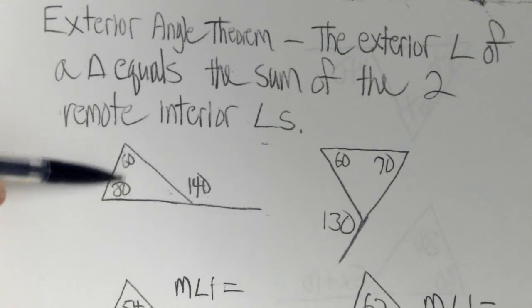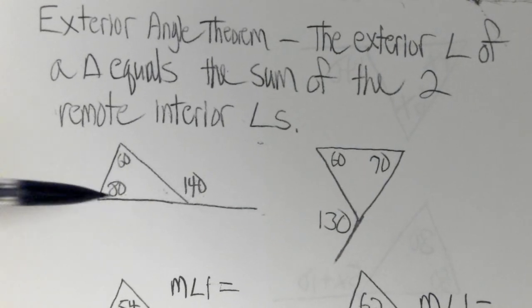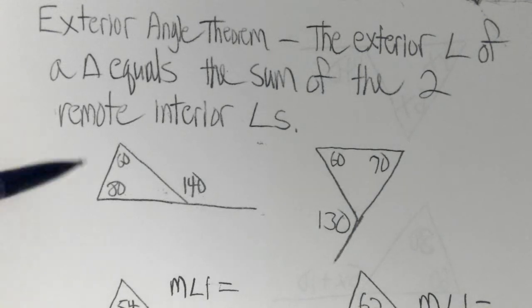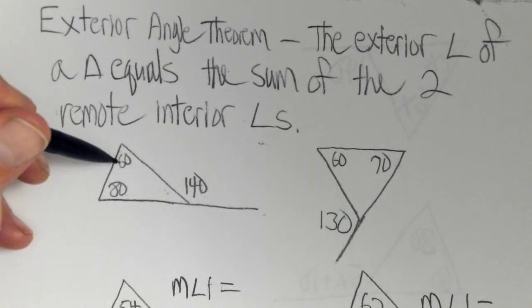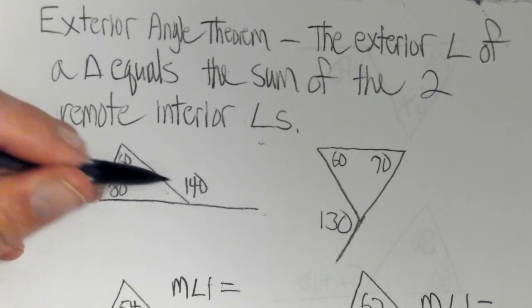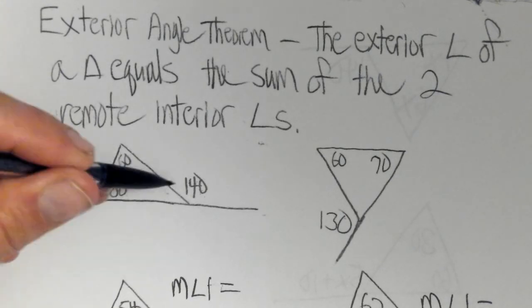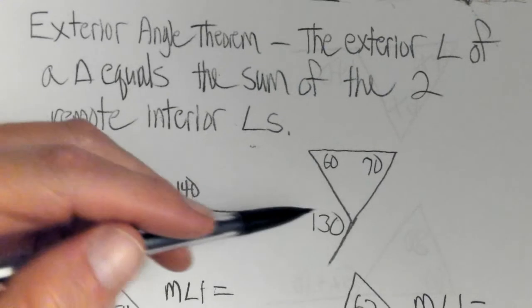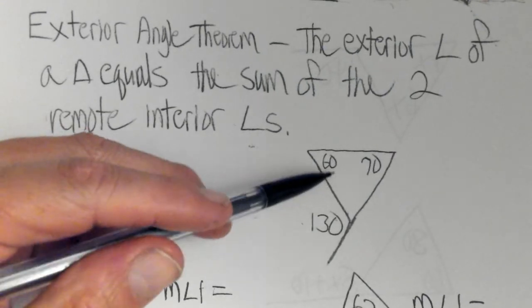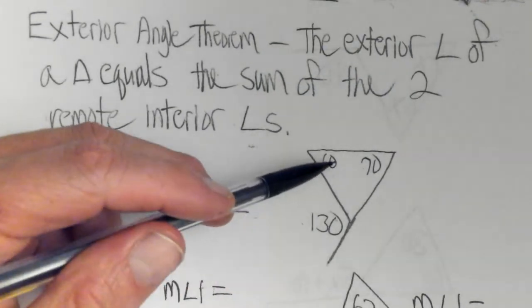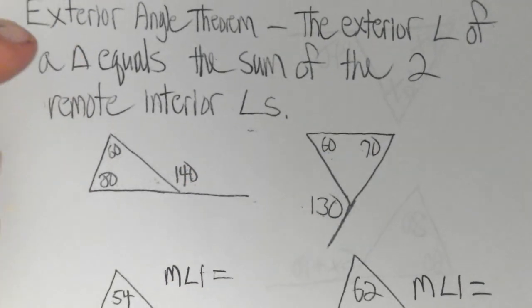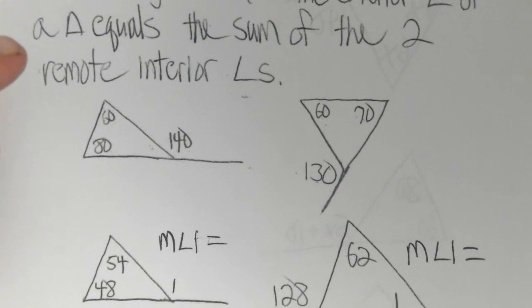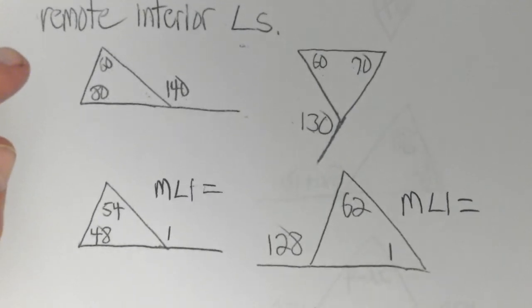And the remote interior angles would be the ones that are further away, not connected to it, in other words. So the exterior angle theorem says that these two add up to the exterior angle. 60 plus 80 equals 140. Likewise here, if I have a 130, it would be equal to the sum of these two angles. 60 plus 70 equals 130. Okay? So again, the exterior angle of a triangle equals the sum of the two remote interiors.